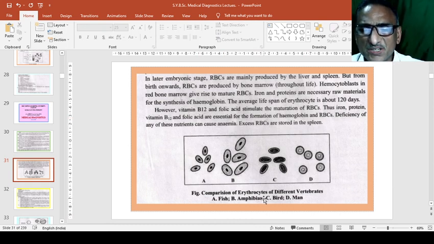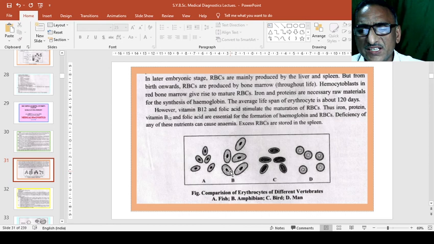Comparison of erythrocytes of different vertebrates: fish are A, amphibians the figure B, birds the figure C, and human being. These are completely oval and rounded RBCs in human being, whereas discoidal or ellipsoid in birds.